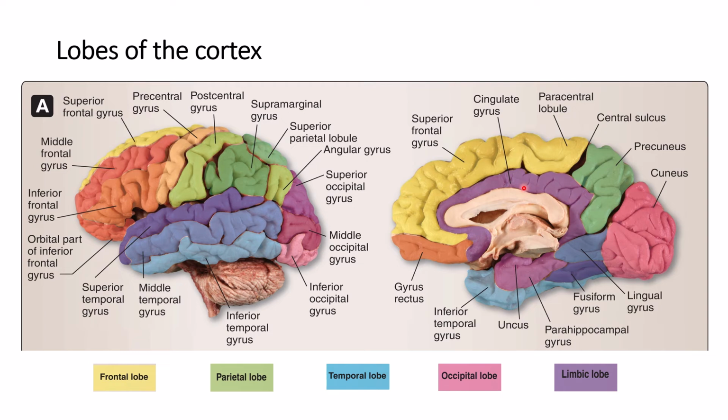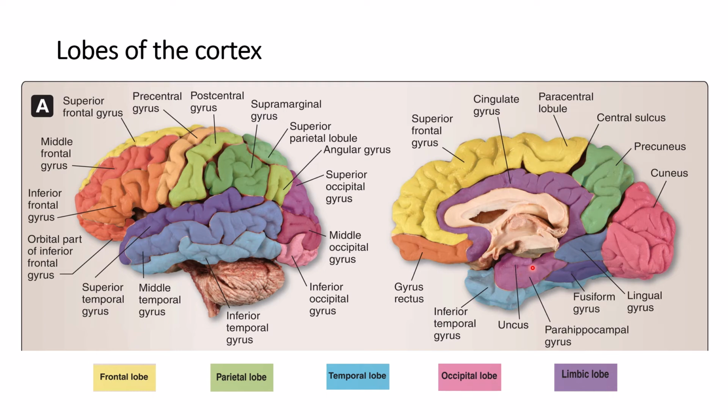This is the cingulate gyrus, part of the limbic system or limbic lobe. There are other parts too, but they're not shown here properly. Here it is a little bit cut, and you can see other parts of the limbic system or limbic lobe.